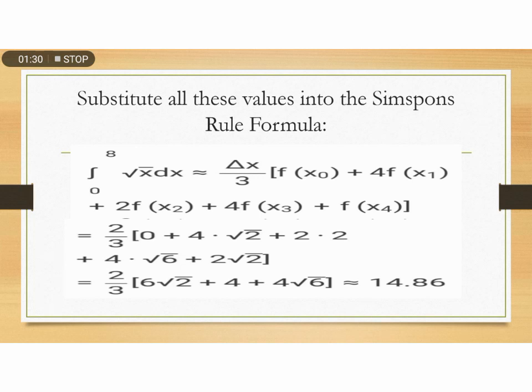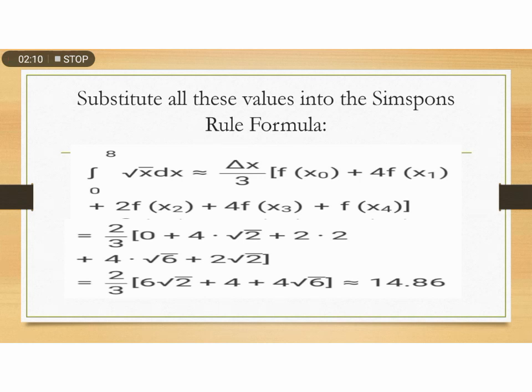So the Simpson's rule is: approximate the integral of f(x) dx as the width of the interval divided by 3 times f of x0 plus 4 times f of x1 plus 2 times f of x2 plus 4 times f of x3 plus f of x4.